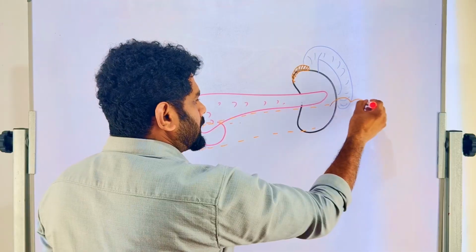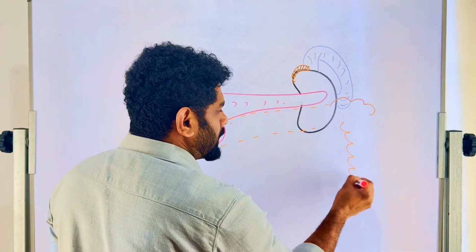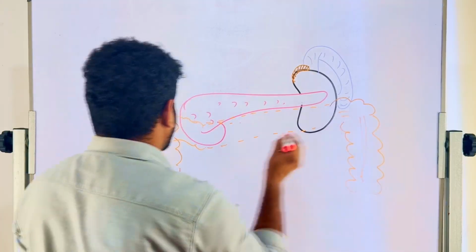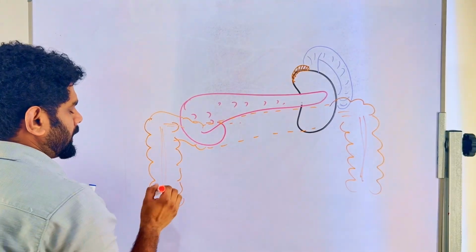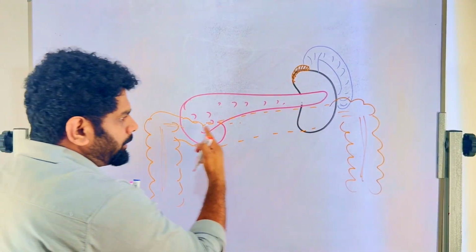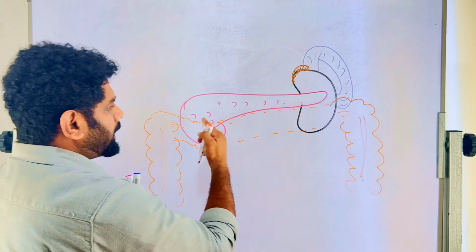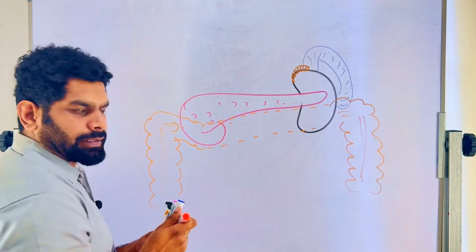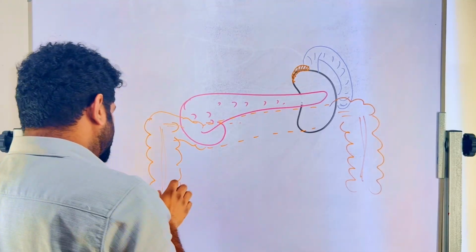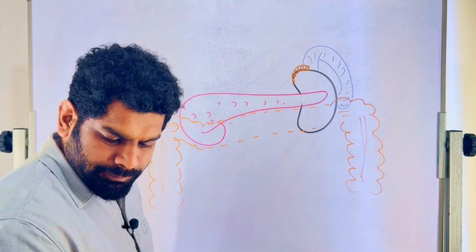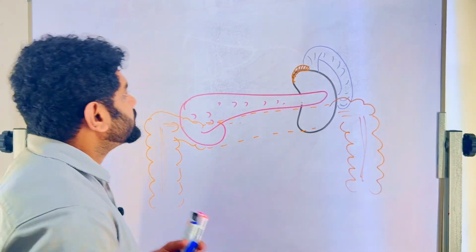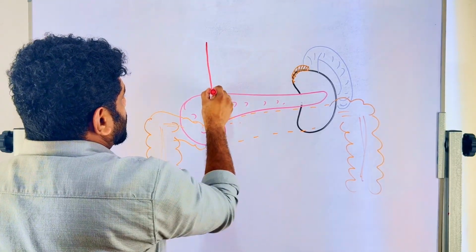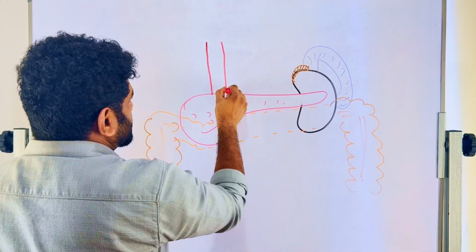And here we have the descending colon. This is the ascending colon, here the transverse colon, and there will be the transverse mesocolon as well, and this is the descending colon. And there will be the aorta like this.